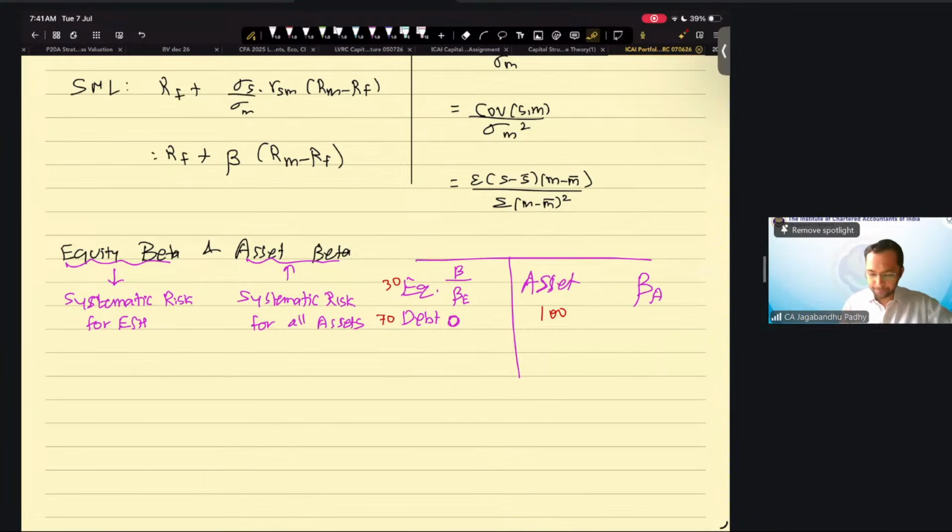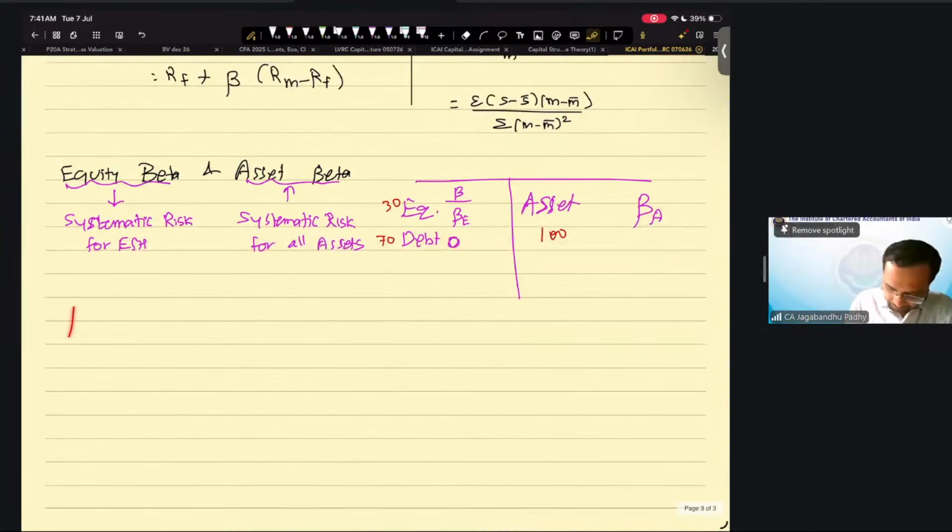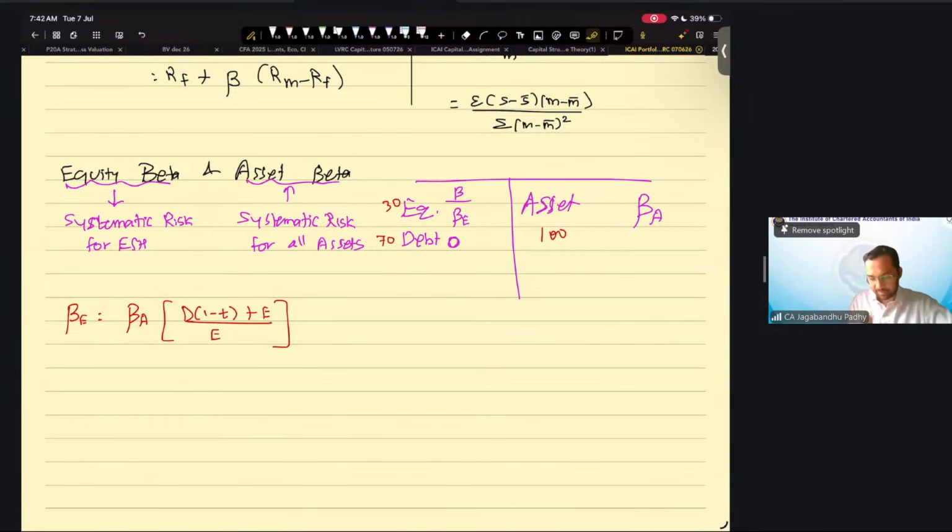We have a formula for this equity beta. Equity beta is calculated as asset beta multiplied by debt into 1 minus T plus equity, divided by equity. Now, the logical explanation is simple.